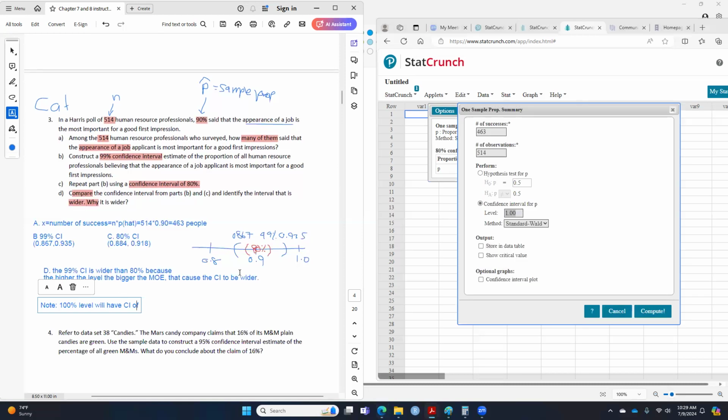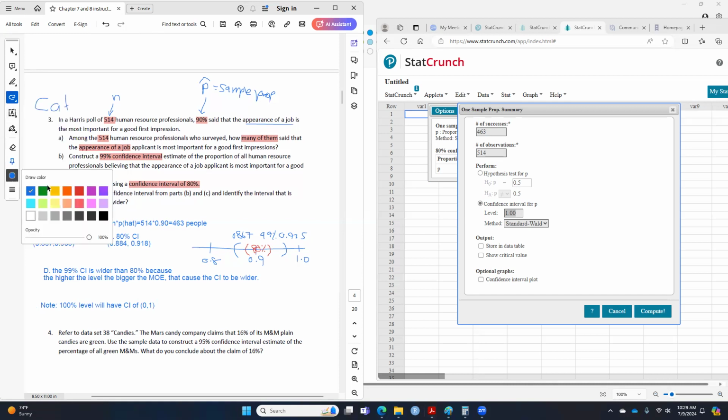So I will tell you that when you do a 100% confidence interval, the interval in this case is going to be between 0 and 1. That means it's going to take the whole entire thing, 0 to 1. This will be 100% confident.